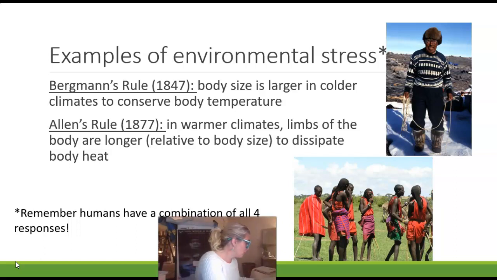Bergmann was a German biologist who in 1847 observed that body size is larger in colder climates to conserve body temperature, especially in warm-blooded animals. So you think about a polar bear, for example.